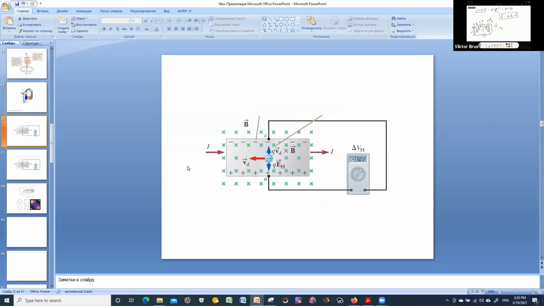Yeah, so this will be the case for metals, when we have only negative charge carriers, electrons.